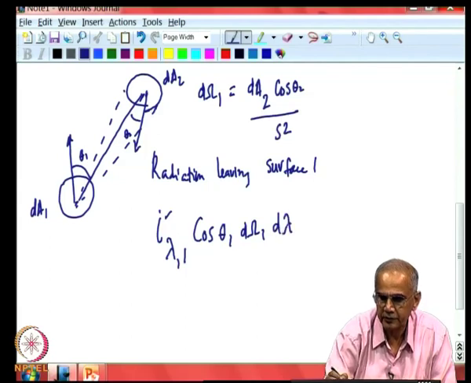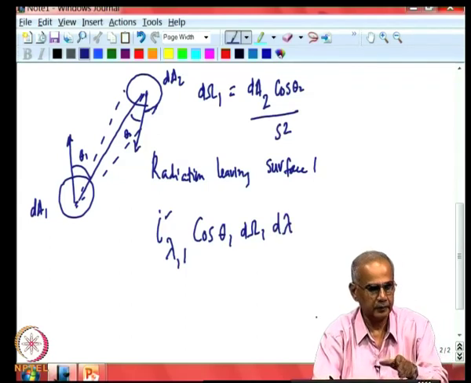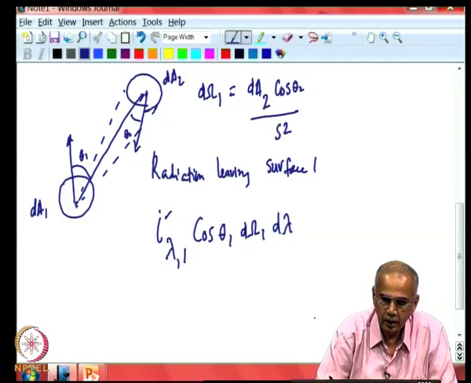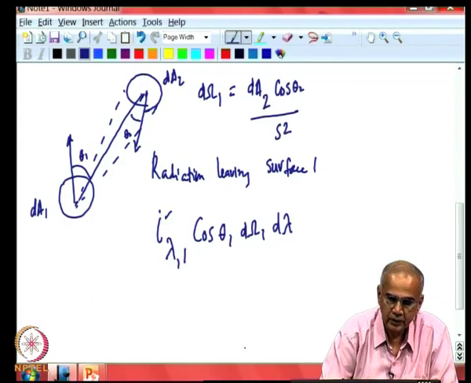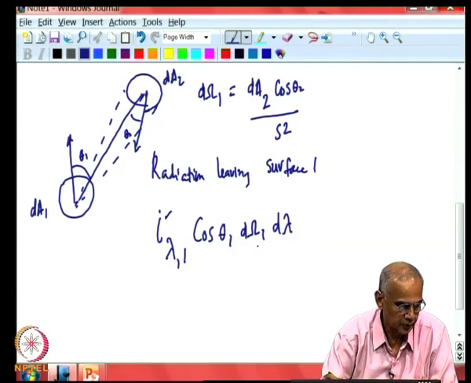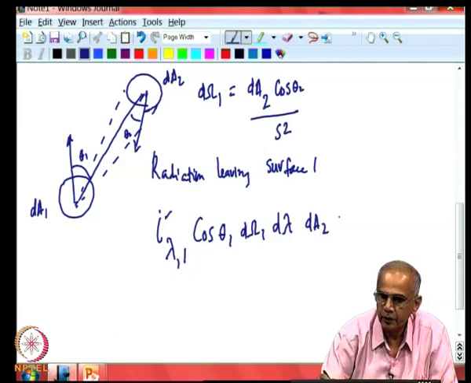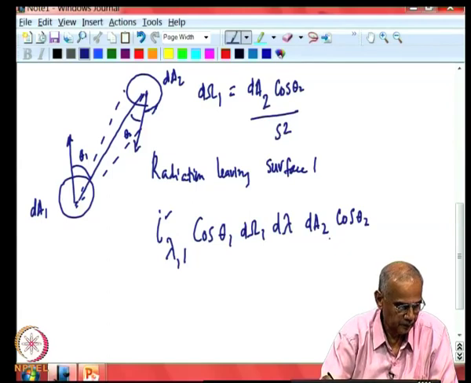This is the radiation leaving surface 1 in that direction towards surface 2, and the radiation that leaves 1 and arrives at surface 2 is this times the solid angle subtended by surface 2, which is dA 2 cos theta 2 by s square.